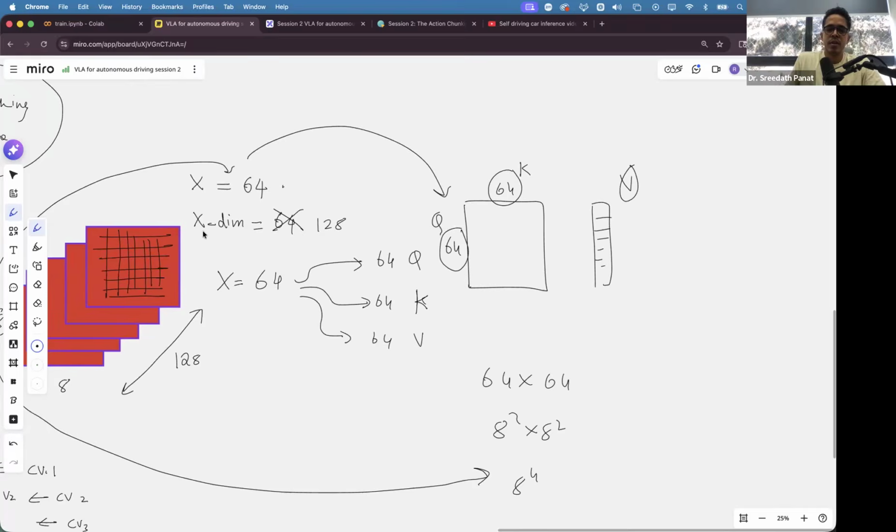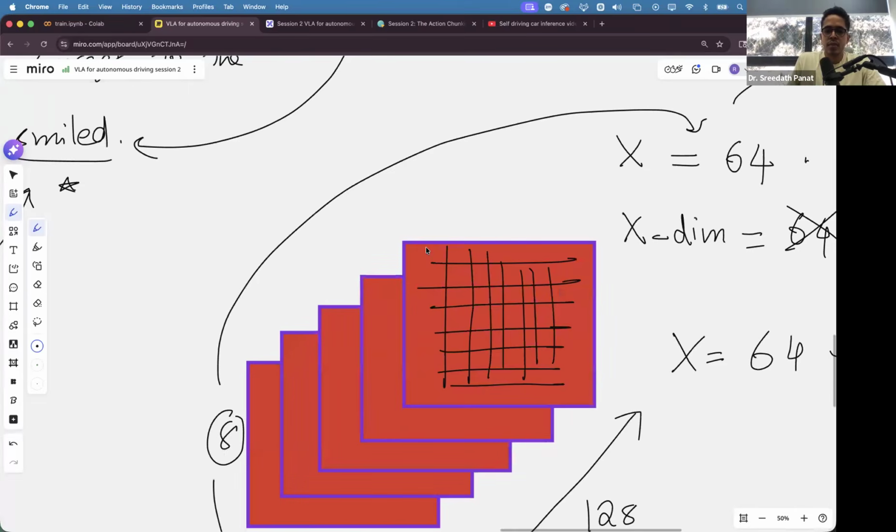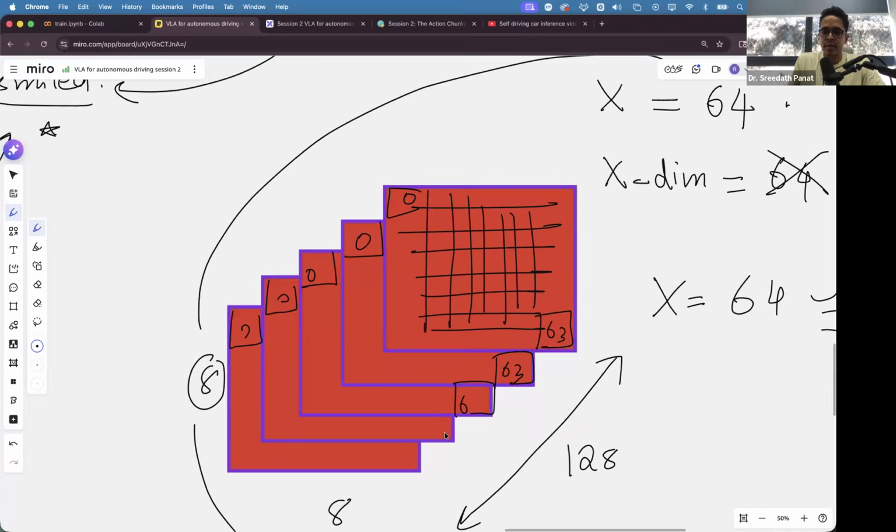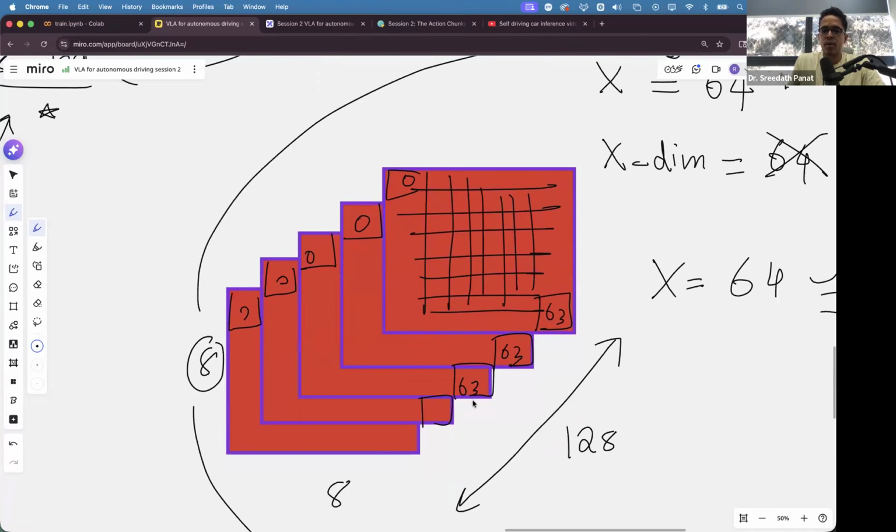So these are your image tokens. This is image token number 0, and these items are its second dimension, third dimension, fourth dimension, and so on. Similarly, the last one is image token number 63, with its next dimensions. This is the 63rd image token, and so on.